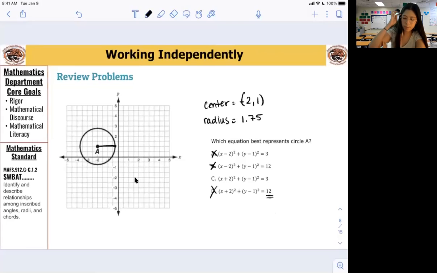That was the trick to this problem. It's actually C. 1.75 to the power of 2. Check it out. Use your calculator. It's like 3.06. So answer choice C is correct.